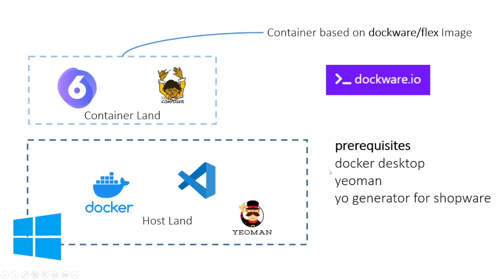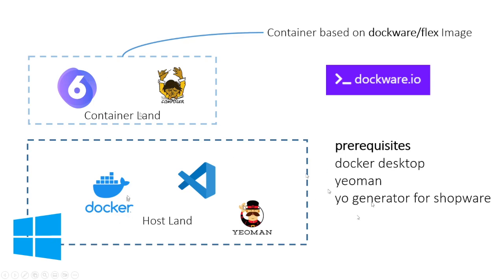So here we will have a hosting environment. That's Windows. We need Docker Desktop to be set up and ready. We need Visual Studio. We will use Yeoman Generator with the Yeoman Generator for Shopware; in one of the first videos I gave more information about this.